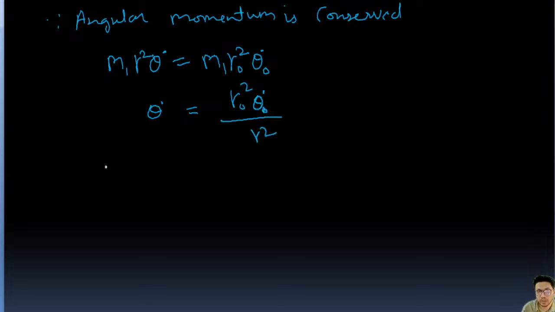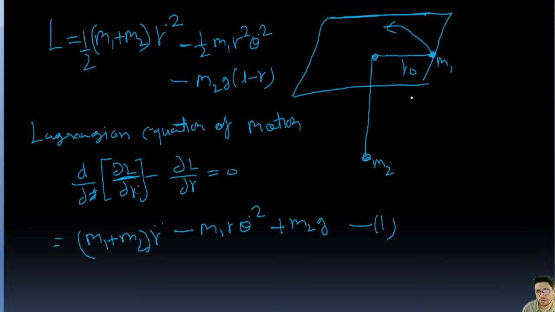And the second condition is for circular motion: for this to remain in circular motion, the centripetal force must be equal to the weight of m2, or the force on m2, right?